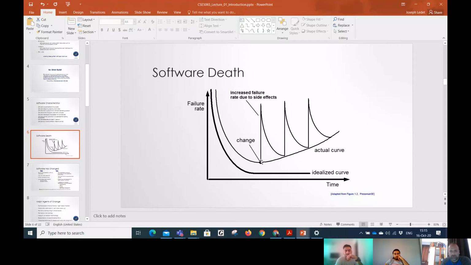The problem is that at some point there's going to be some type of change. The customer is going to say, I don't like this, the way it does this. Can we change that? Or there will be some new feature they want to add or something like that. If you've ever owned a smartphone and you got a new OS for it, there's always changes, right?